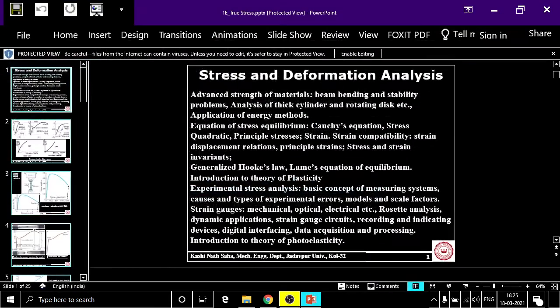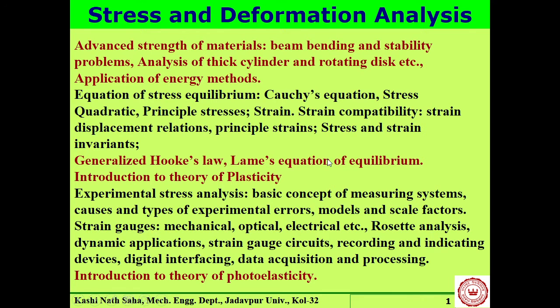So, this is the document. Let us focus on that. This is the topic. Up to this point, we have discussed analysis of stress and analysis of strain. Now, we will go into the stress strain relation, which is generalized Hooke's law.